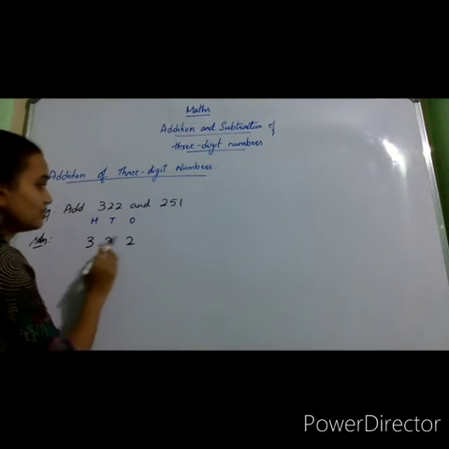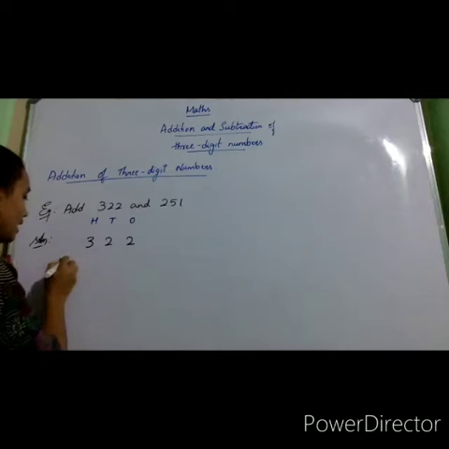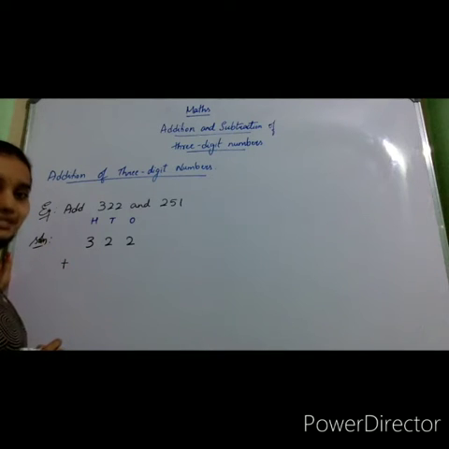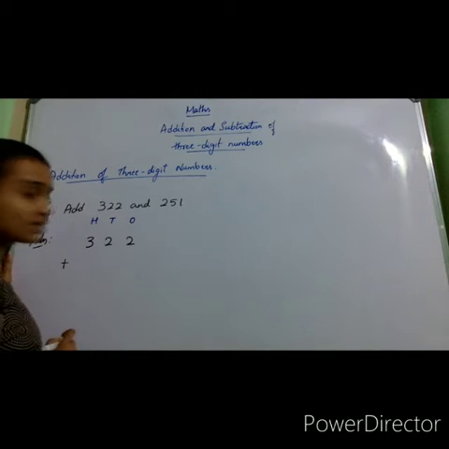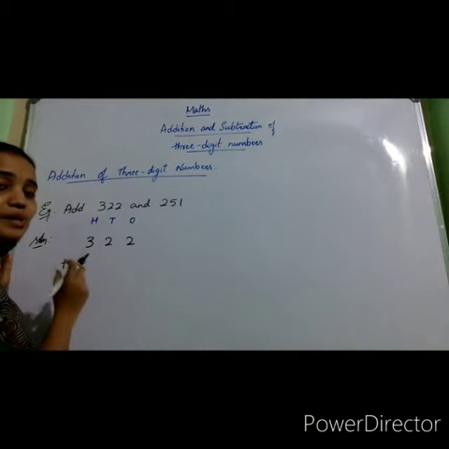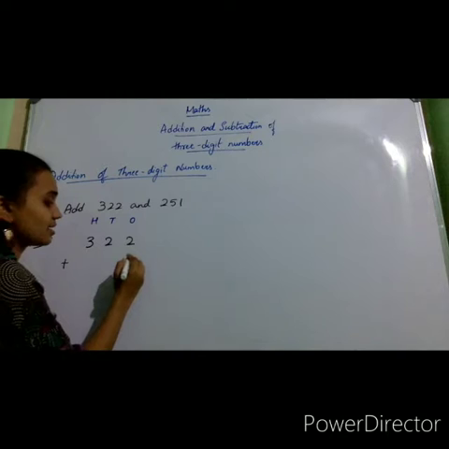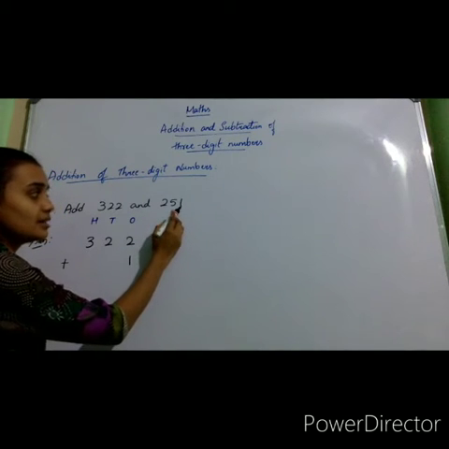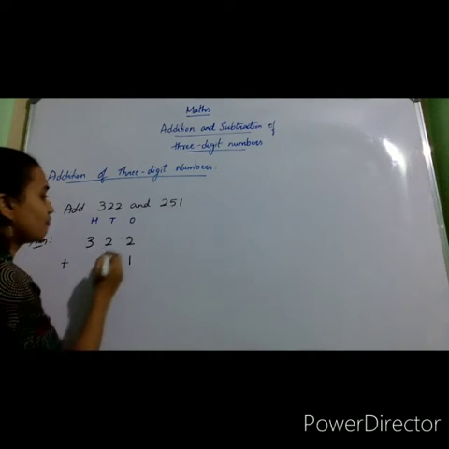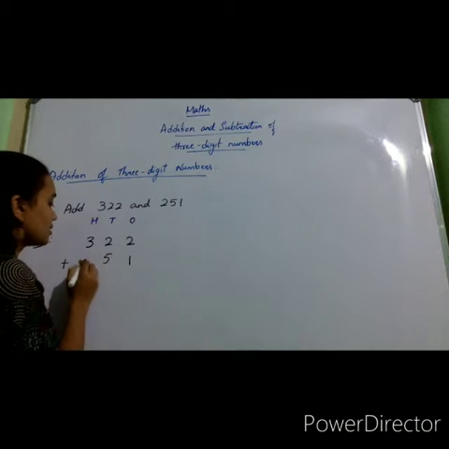So 322, 251. We are adding, right? So we will write a plus sign. We have to place the ones place digit under the ones place digit. In this number, 1 is in ones place, 5 is in tens place, 2 is in hundreds place.